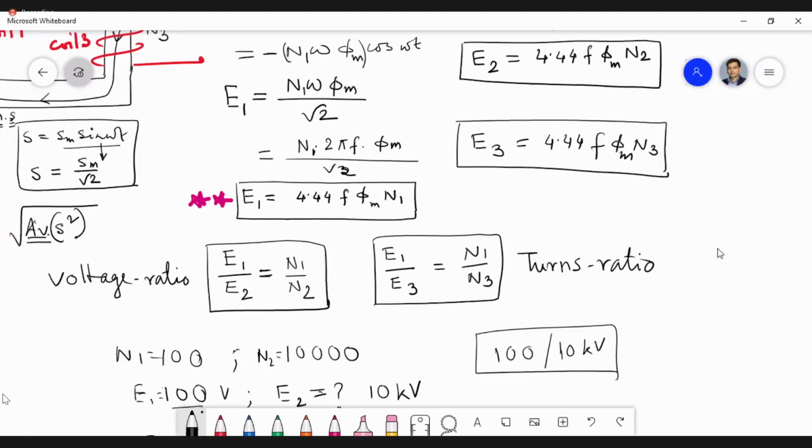Now, can you tell me, these two coils are different, but what is the similarity between these two coils? The 100 volt coil and the 10 kV coil are different, but what is the similarity? They are in the same phase.